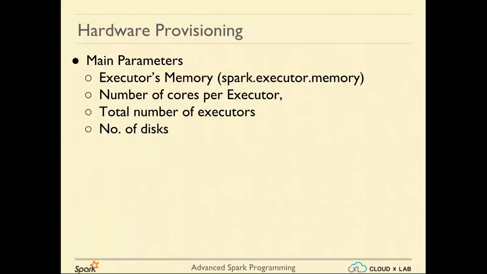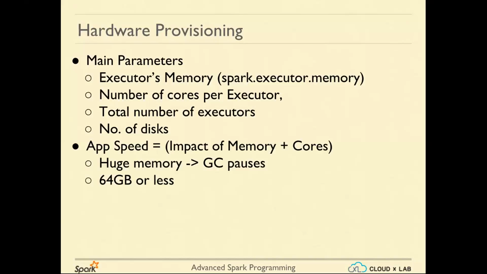When you are optimizing Spark applications, the main parameters are the various resource constraints, such as how much memory we can give to the executor. The more memory we give to the executor, the faster it would do things. If there are more cores per executor, it would handle more partitions on one executor. And how many executors are allowed on one particular machine, and how many disks are there.